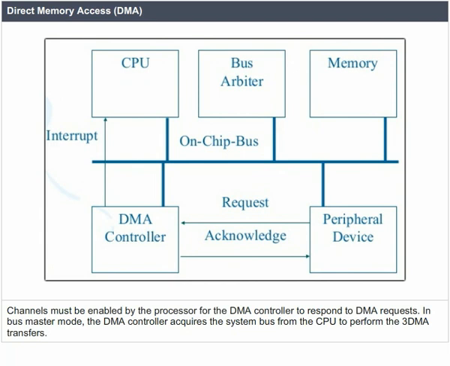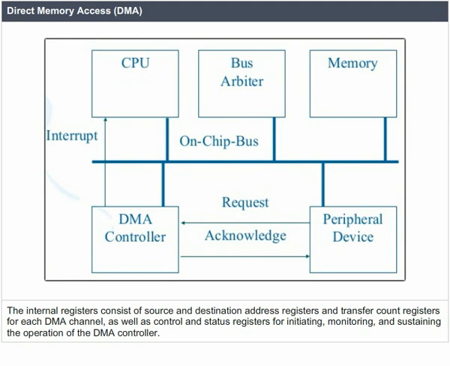In bus master mode, the DMA controller acquires the system bus from the CPU to perform the DMA transfers. The internal registers consist of source and destination address registers and transfer count registers for each DMA channel, as well as control and status registers for initiating, monitoring, and sustaining the operation of the DMA controller.